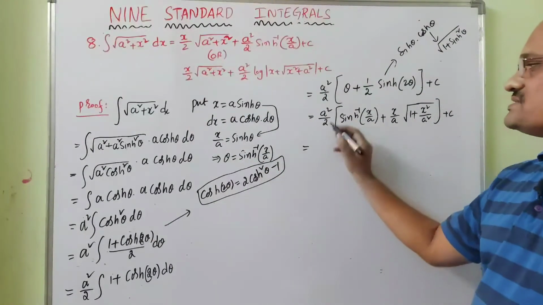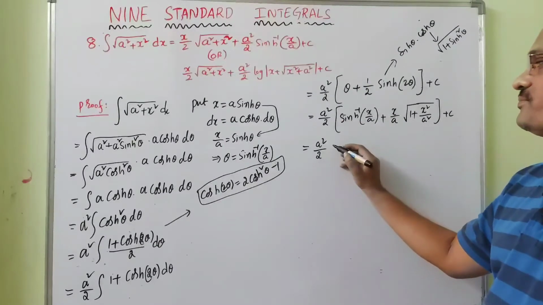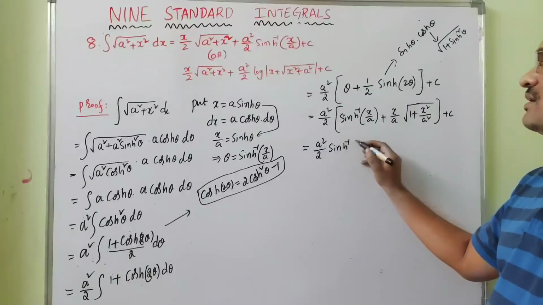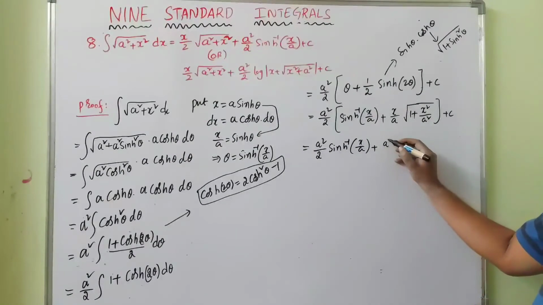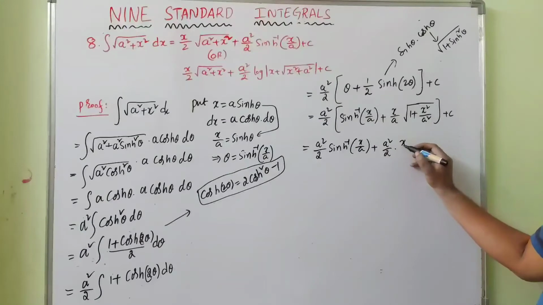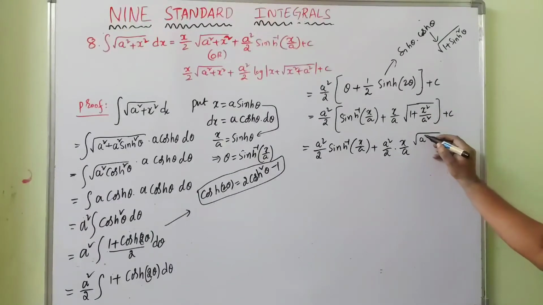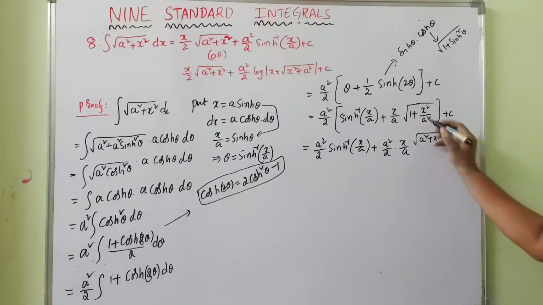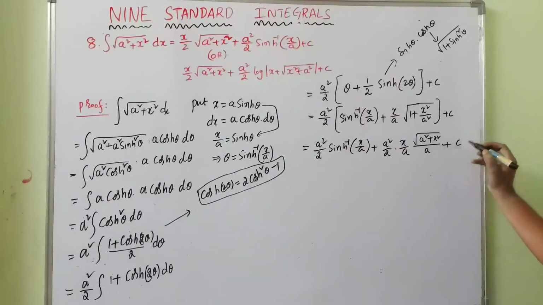Now this a square by 2 is for both terms. So write a square by 2 for both terms. A square by 2 into x by a. Now take LCM. You will get root a square plus x square by a square. Take a square outside of the root, it becomes a. You will get plus c.